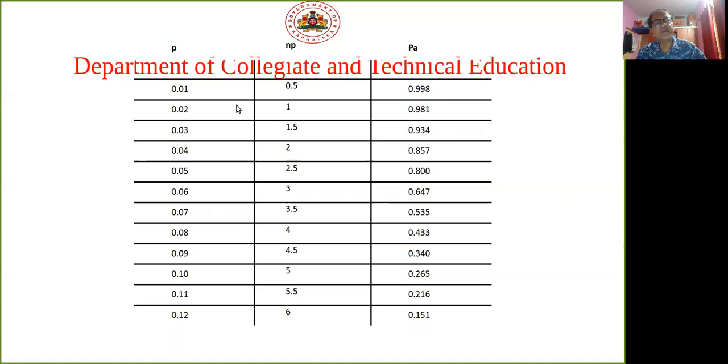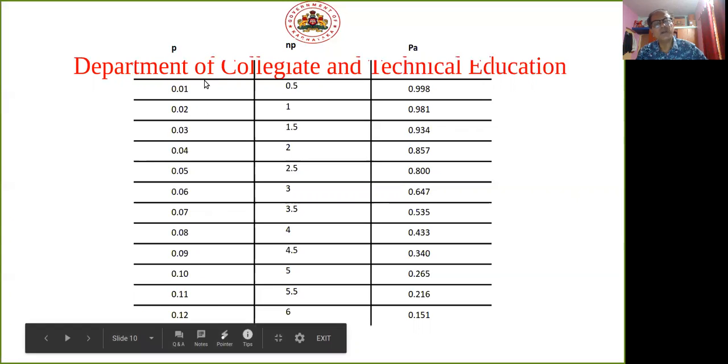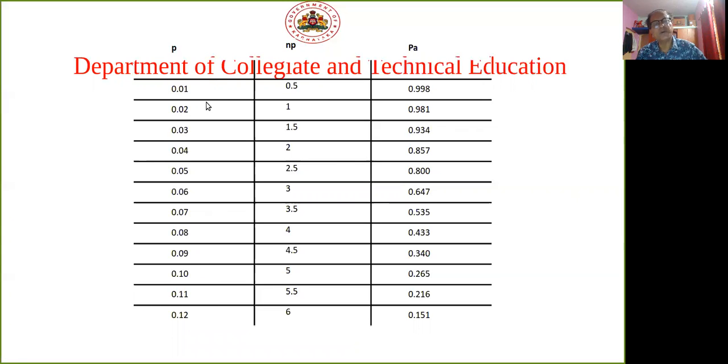So what we have to do is multiply these values, 0.01, 0.02, 0.03 up to 0.12, all with the sample size. When you multiply with the sample size, you get the value of np.